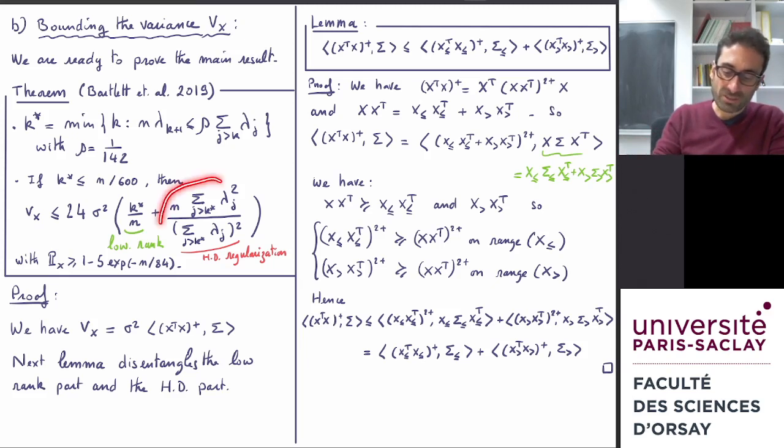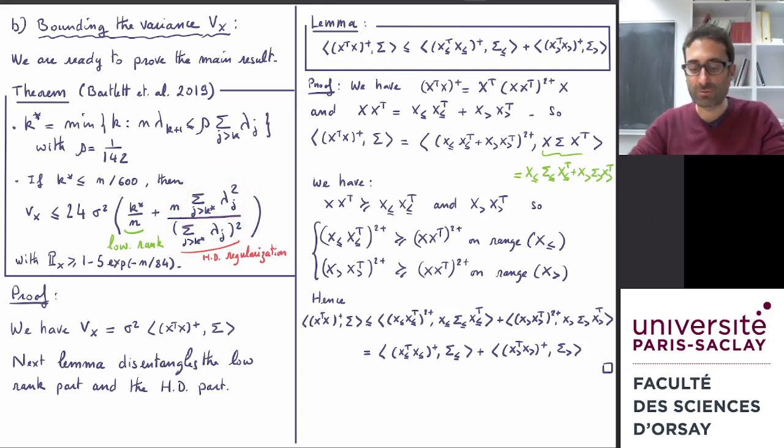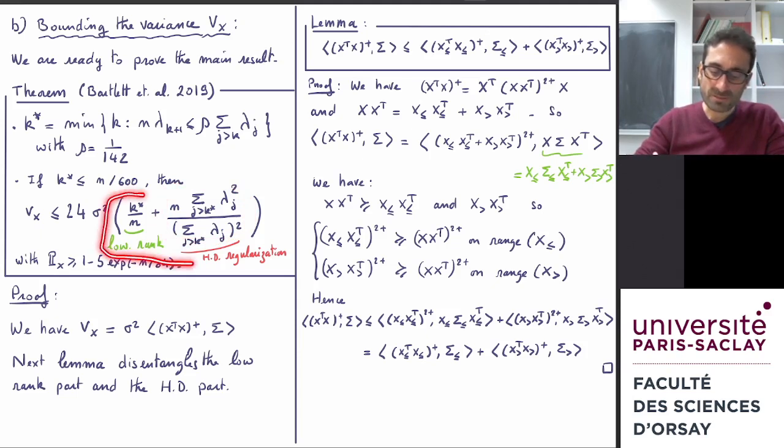And we have an additional term, which corresponds to the high dimensional part, and this term is given by n times the sum of the eigenvalues to the square divided by the sum of the remaining eigenvalues to the square. This term will typically be small in high dimension, so you can see some high dimensional regularization effect. We'll discuss this upper bound a bit more later.